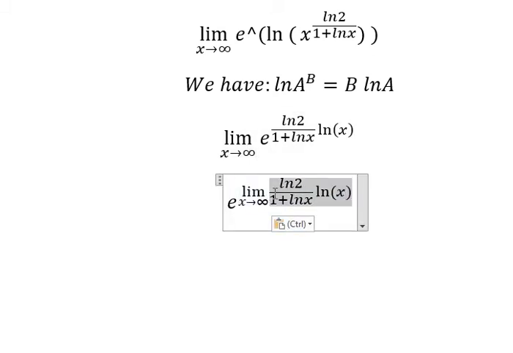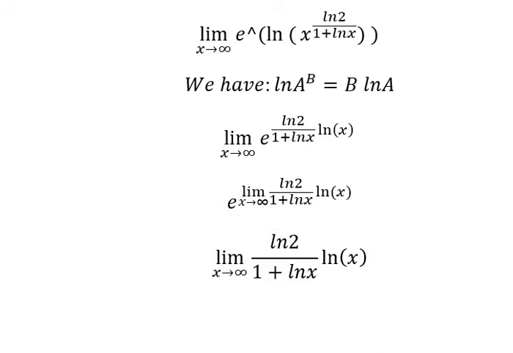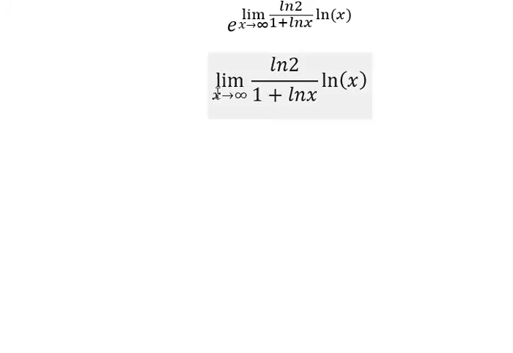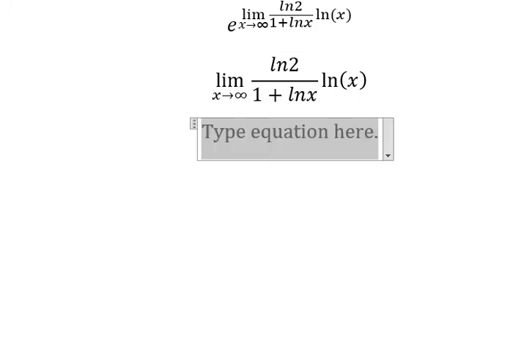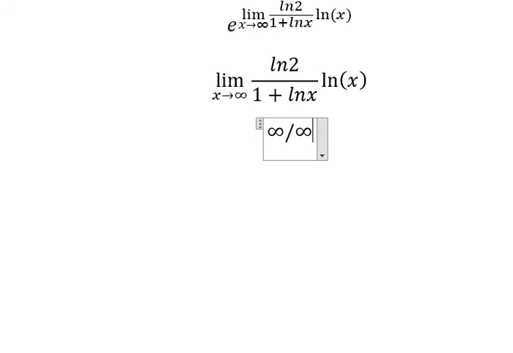Now we just concentrate on this one only. When s goes to positive infinity, this one goes to positive infinity, and this one goes to positive infinity. So that means we have infinity over infinity.